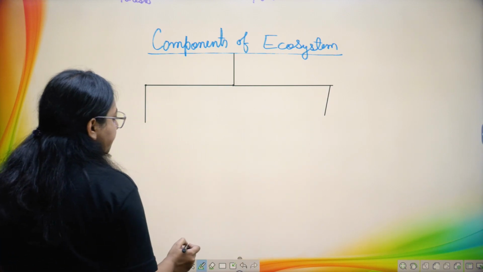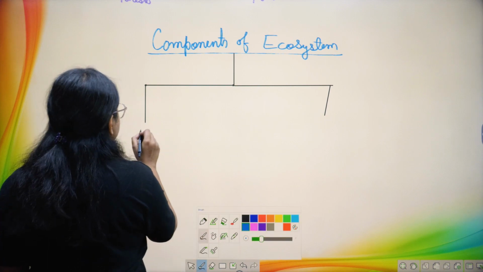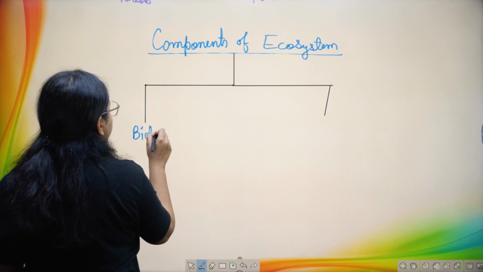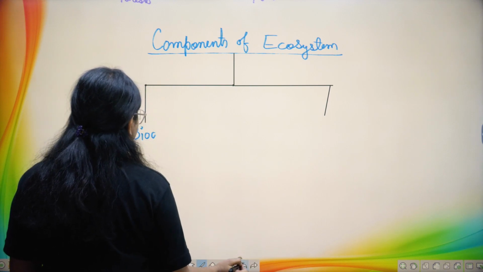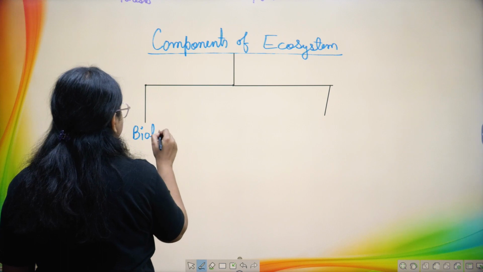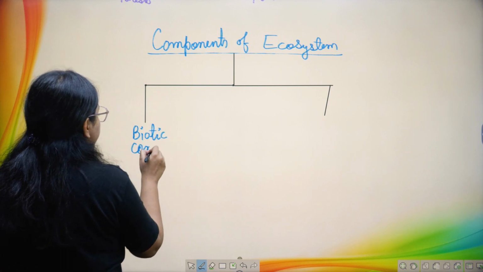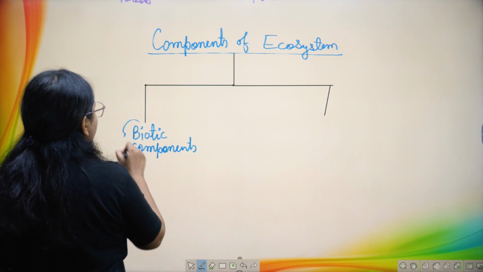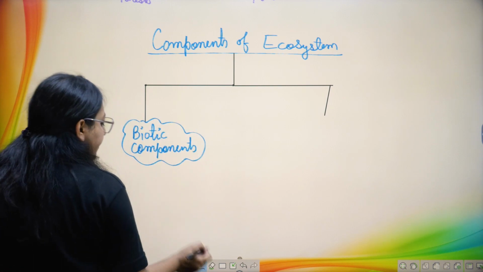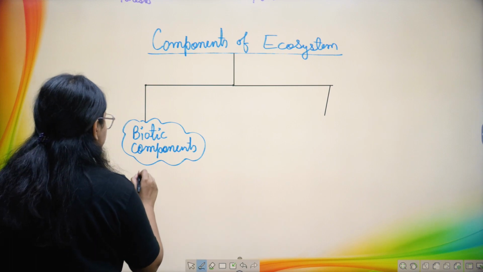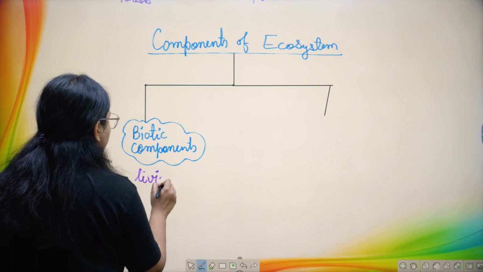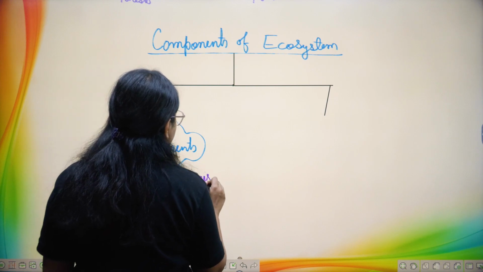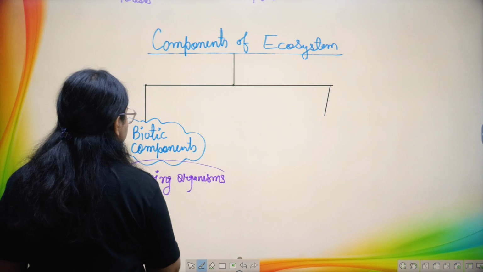First is the biotic components. Biotic components consist of living things, living beings, living organisms.